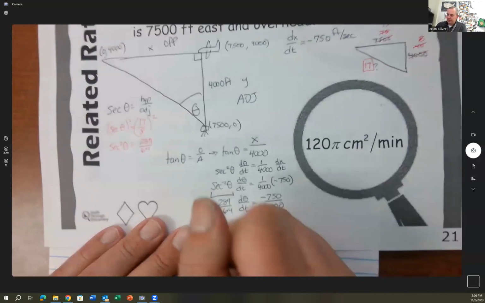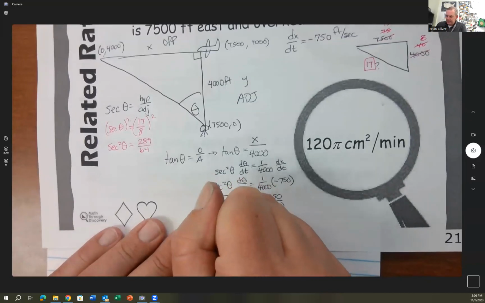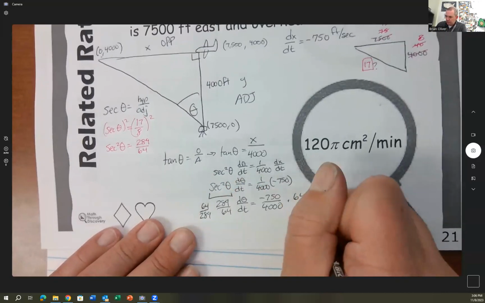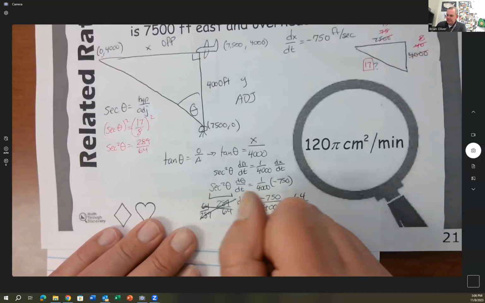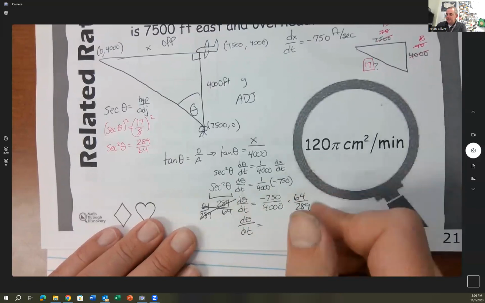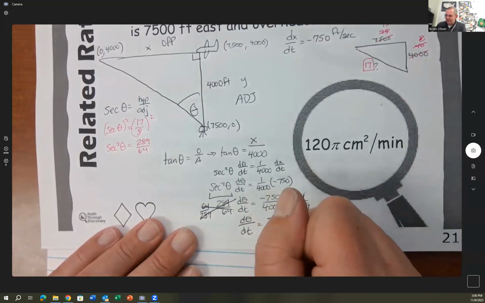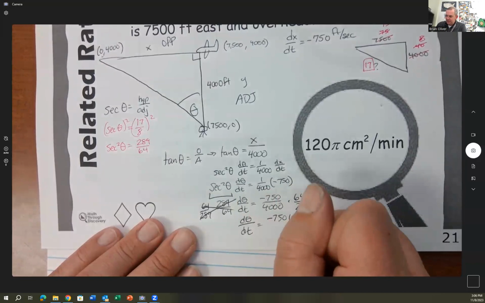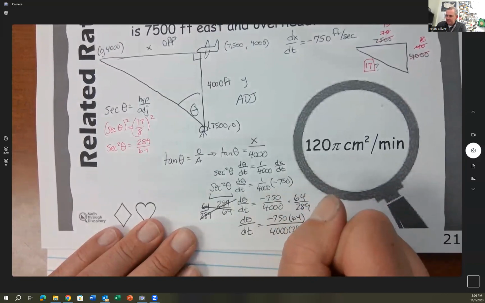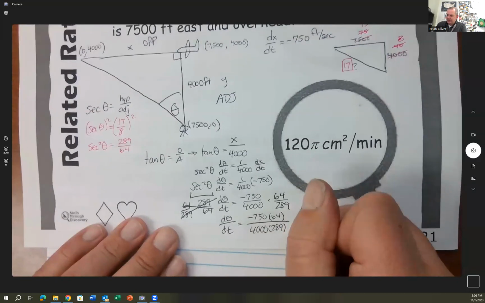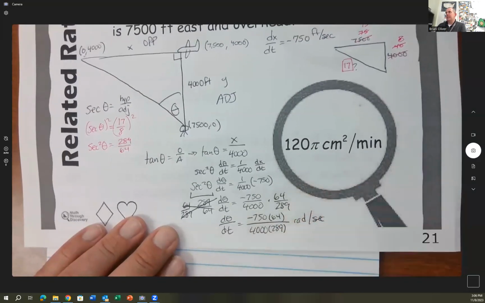I'm going to multiply both sides by the reciprocal to get the d theta dt by himself. 64 over 289 leaves me with d theta dt equals, and I'm just going to leave it in this mess it is, negative 750 times 64 over 4,000 times 289. And this is going to be radians per second, because again, we're measuring an angle.